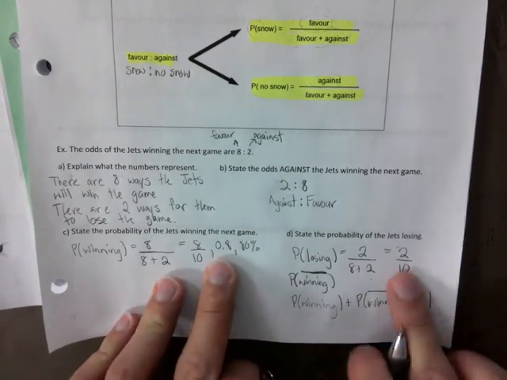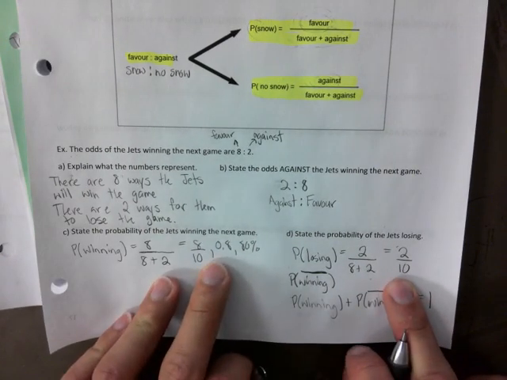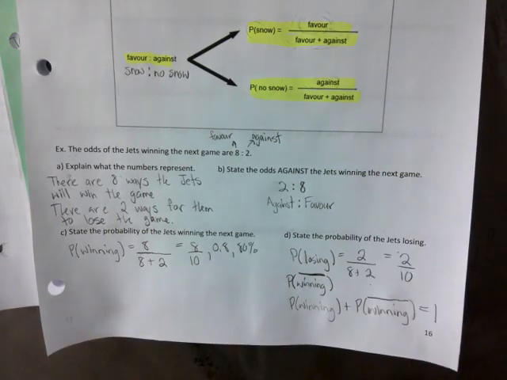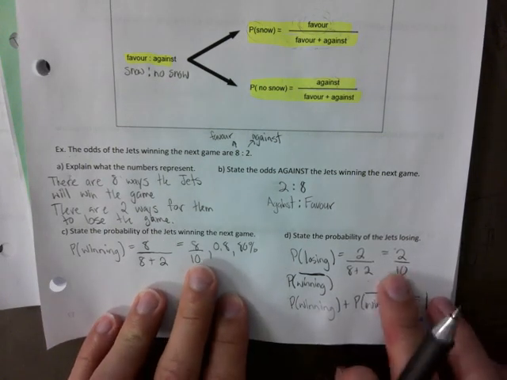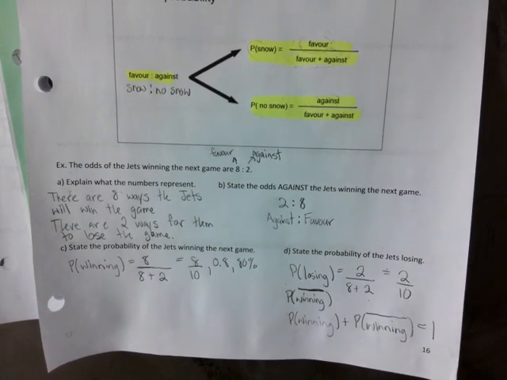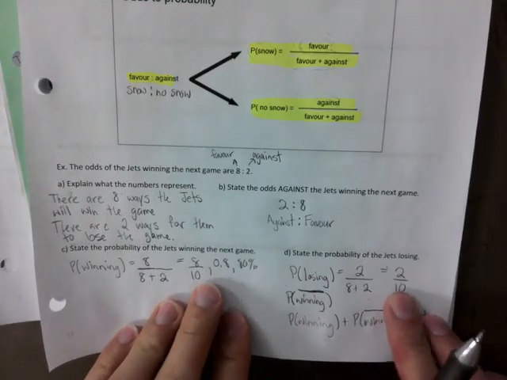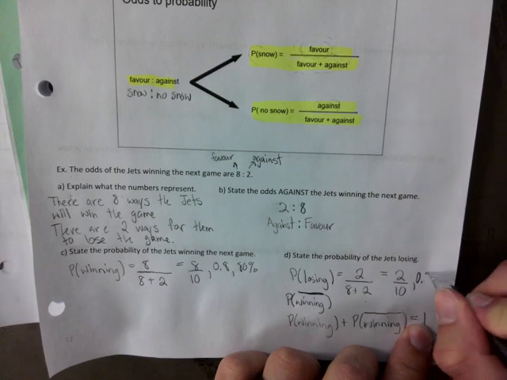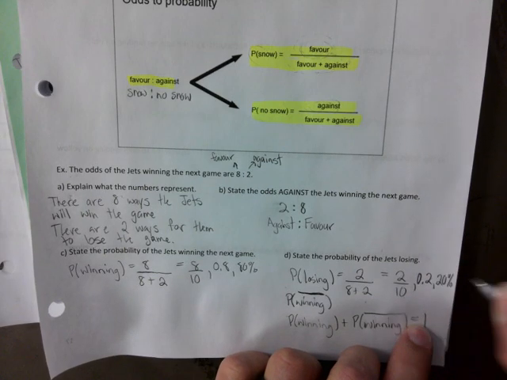So both should add up to 1, and mentally, they do. If this was a question on an exam, you can do a quick check: if these don't add up to 1, you went wrong somewhere. So this would be 0.2 or 20%.